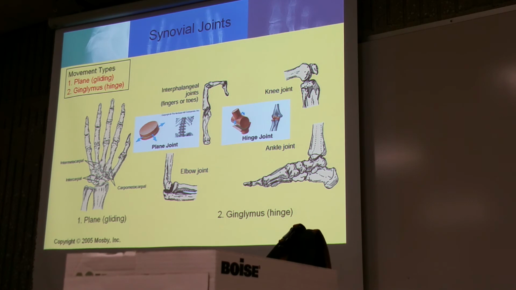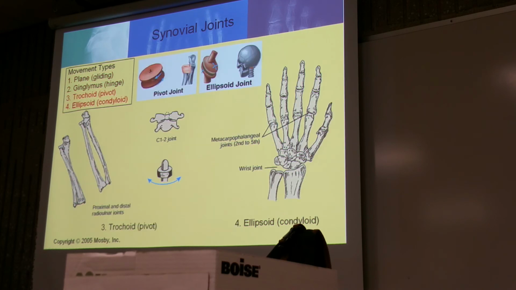Okay? So here are your synovial joints. Movement types include a plane type of movement, plane or gliding, or a hinge type. We've got the pivoting type of synovial joint.